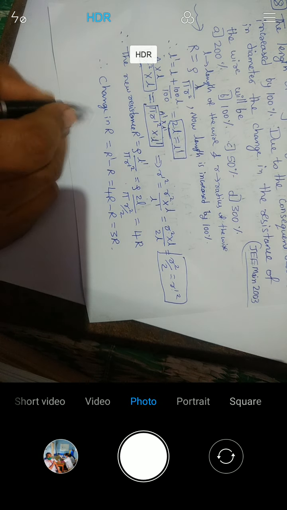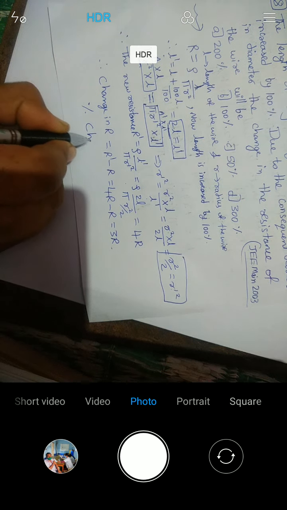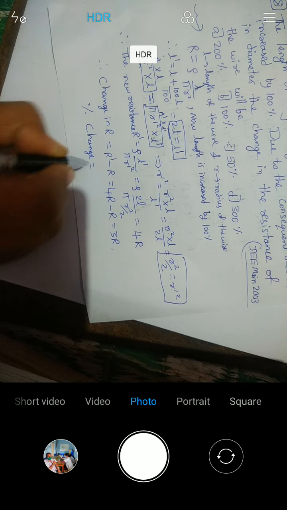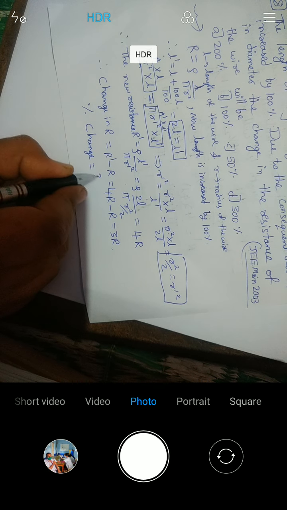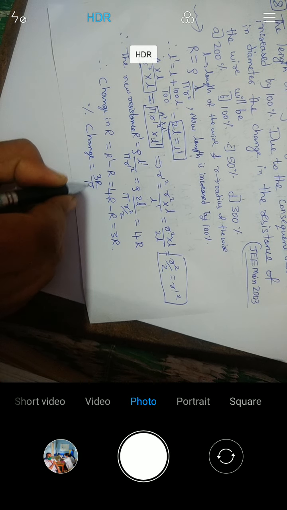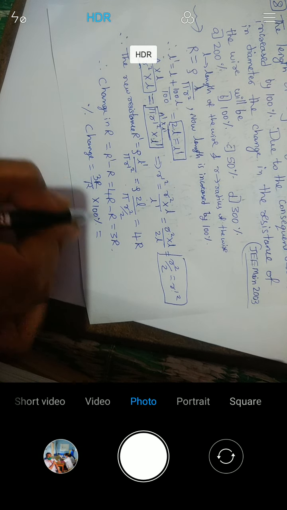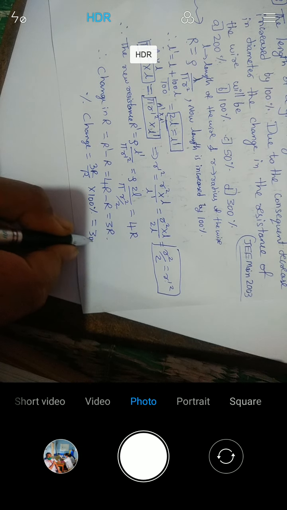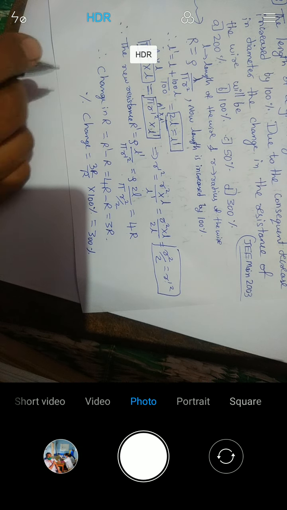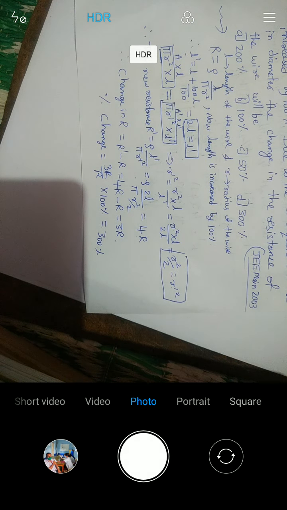Then the percentage of change is 3R by R into 100%. R gets cancelled. It is 300%. Therefore, option D is correct.